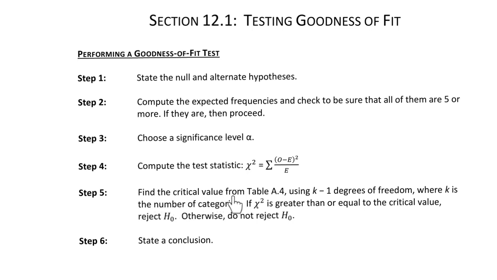Find the critical value from table A4 using k minus 1 degrees of freedom, where k is the number of categories. If chi-square is greater than or equal to the critical value, we will reject the null hypothesis. Otherwise, we do not reject the null hypothesis. Then state a conclusion.